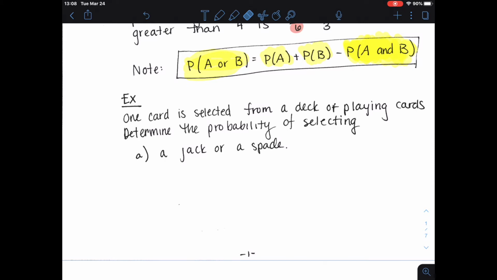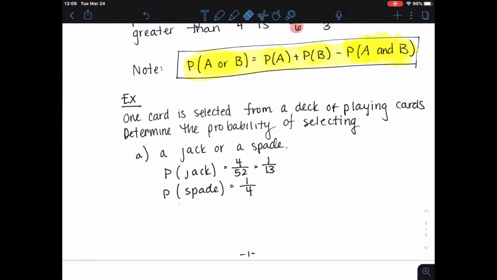So we're going to utilize the formula we have. First, we want to look at the probability of getting a jack and the probability of getting a spade. There are 4 jacks out of the 52 cards, so you have a 1 in 13 chance, or 4 out of 52, of getting a jack. For spades, there are 4 suits, so you have a 1 in 4 chance of getting a spade.